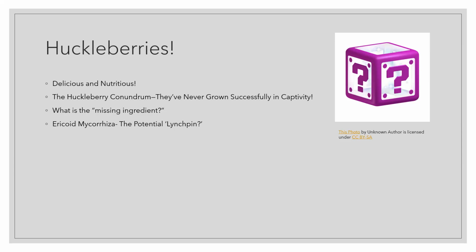We kind of figured this out because blueberries are of course Ericoid, and blueberries cannot fruit in most conditions unless they have Ericoid mycorrhiza. And then when they dug around these huckleberries, there was Ericoid mycorrhiza here in the wild. Wow. Yeah, that's one of the ideas, that it is probably the missing thing.